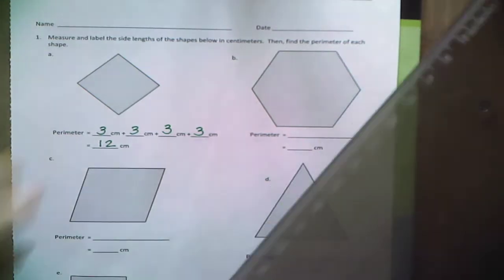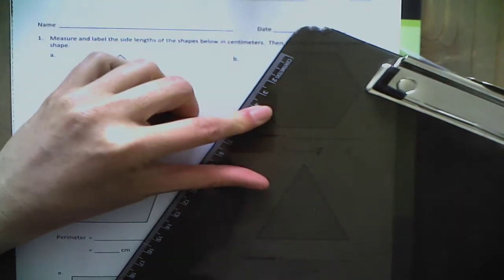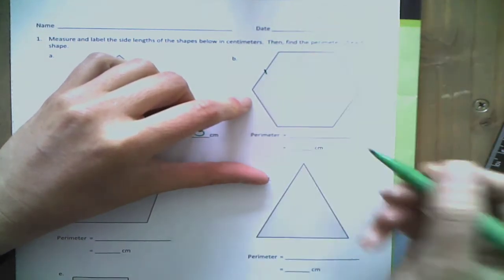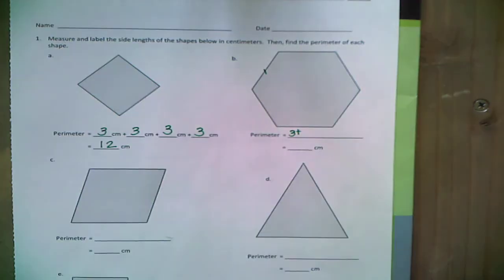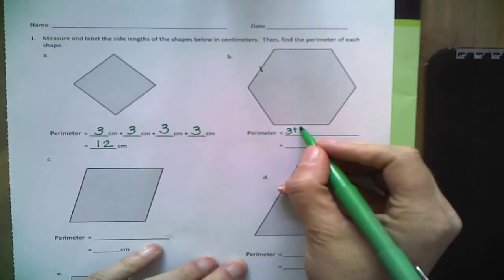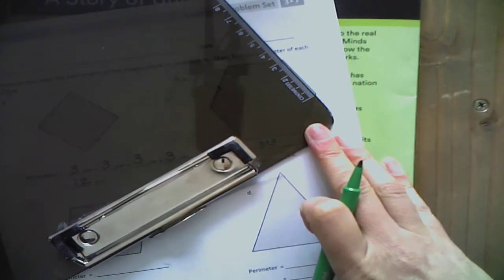Okay, let's measure. Let's see if all these sides are the same. This one is 3. And what I'm going to do is I'm just going to draw a little line through it so I remember which one I've measured. I wonder if all these sides will be the same. They kind of look similar. Also a 3. What do you know?